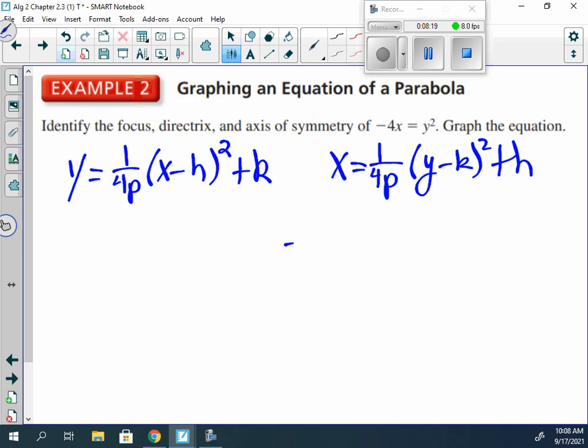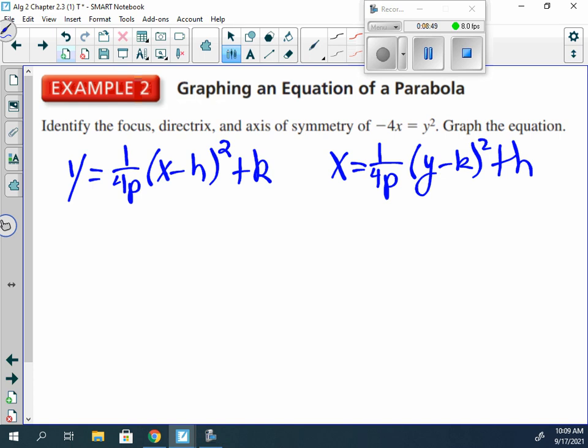What I mean by that is if we had negative 4x equals y squared plus 2y plus 1, then we're going to have something different, because that y minus k squared, if it's multiplied out and distributed out, will look like this. We're not going to cover too much of putting that back together. We're going to focus on a lot of the basic forms.